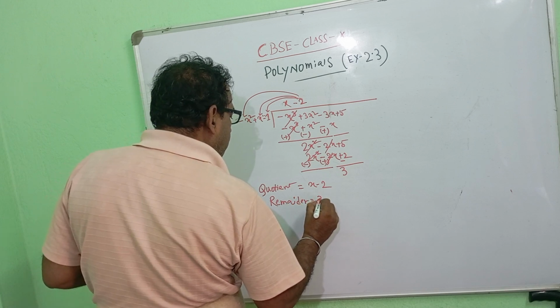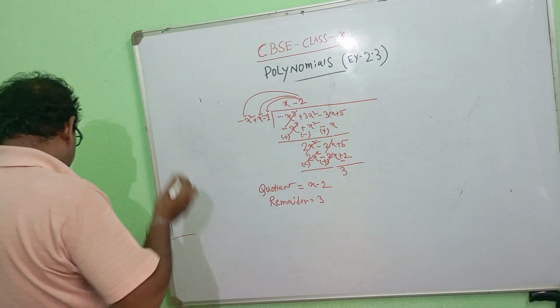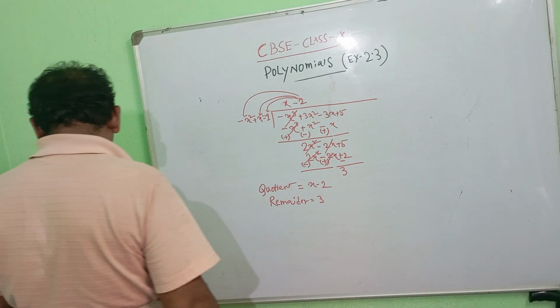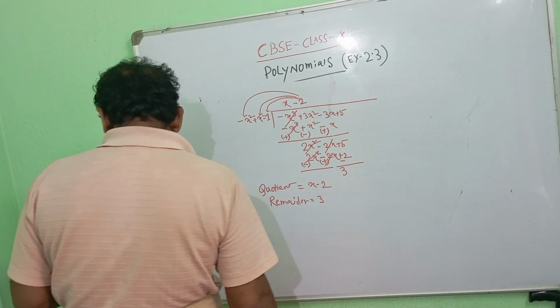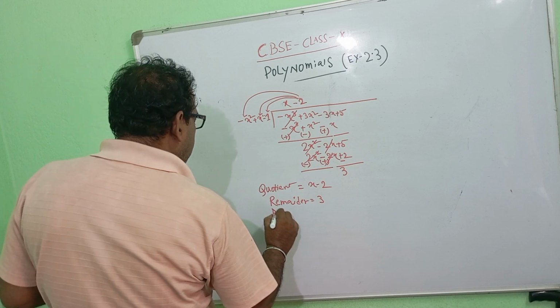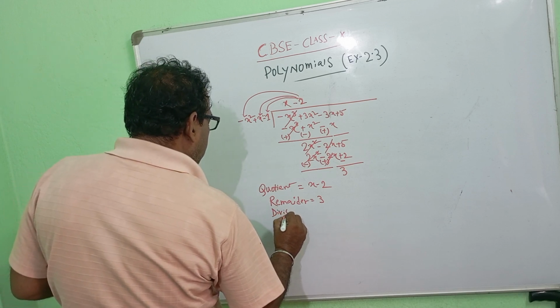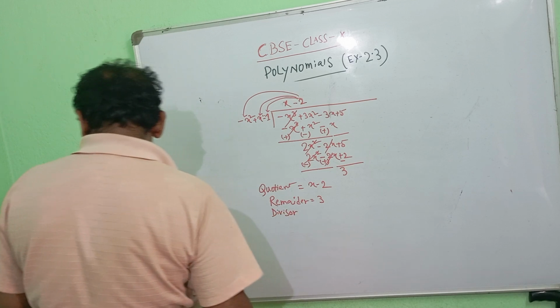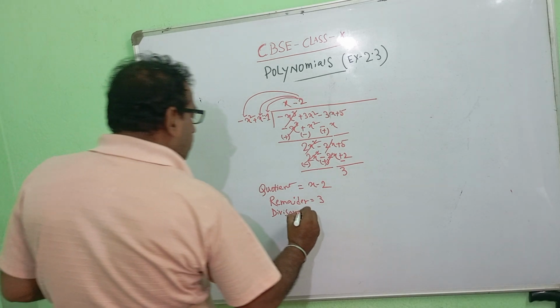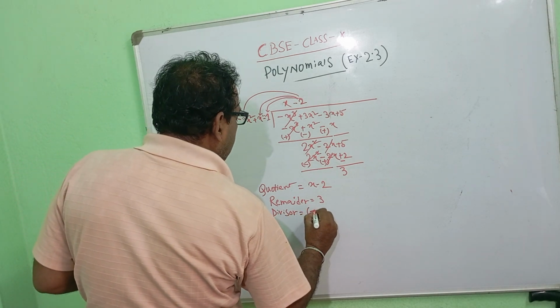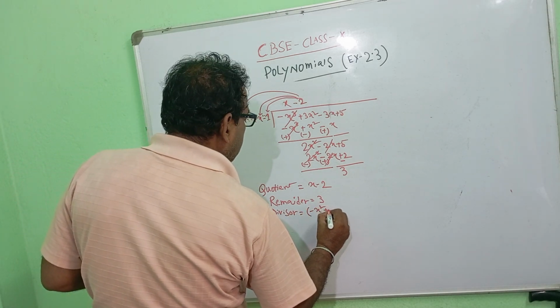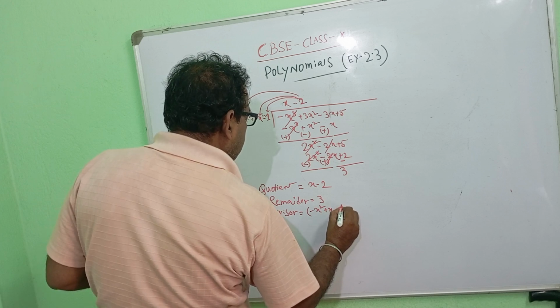Remainder is equal to 3. Divisor is equal to minus x square plus x minus 1.